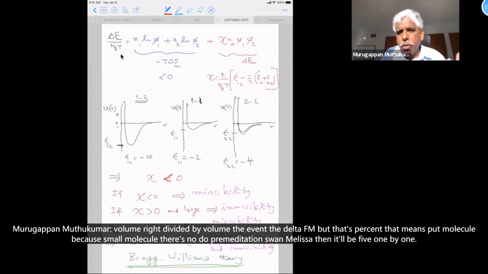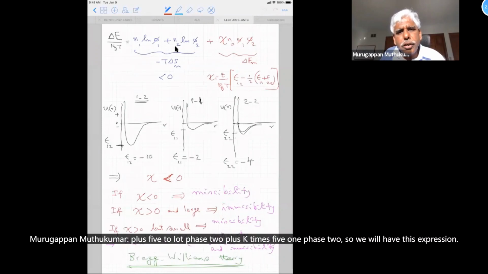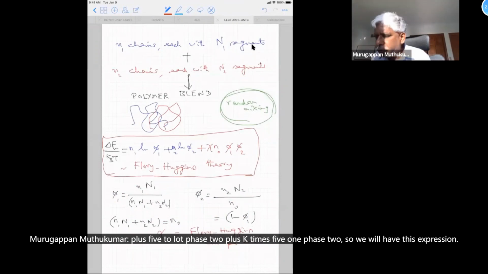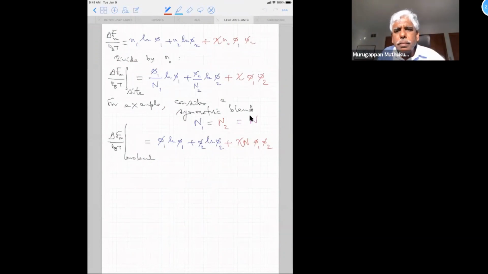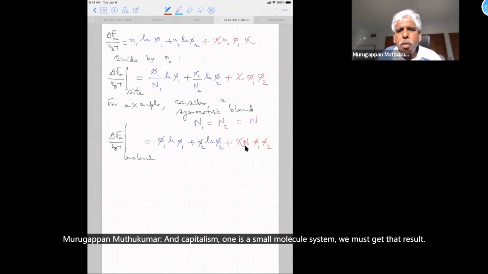That means per molecule, because for a small molecule there is no degree of polymerization. Then it will be phi 1 log phi 1 plus phi 2 log phi 2 plus chi times phi 1 phi 2. Obviously, when capital N is 1, it's a small molecular system. We must get that result.